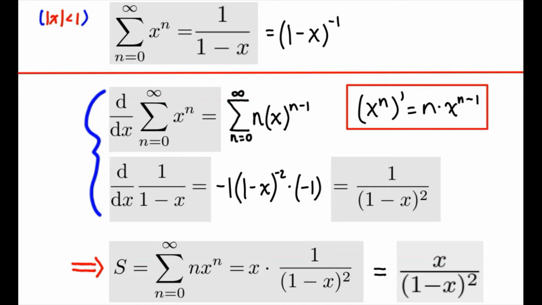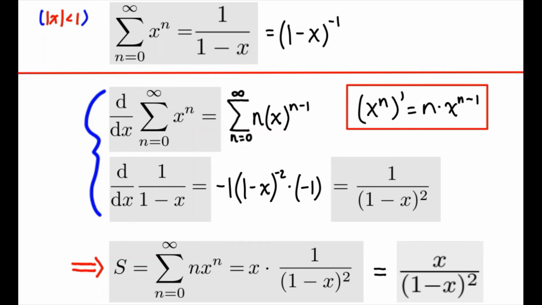So first of all, we already used this sequence in the first part of this video. Now we're going to take the derivative of both sides. The derivative of this over here is just going to be equal to this over here, because you just take the derivative of this part and this part stays the same.